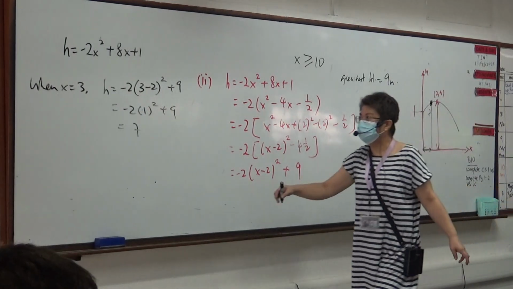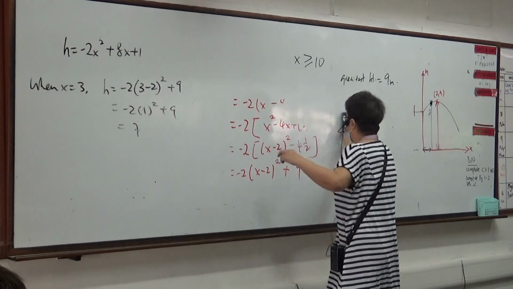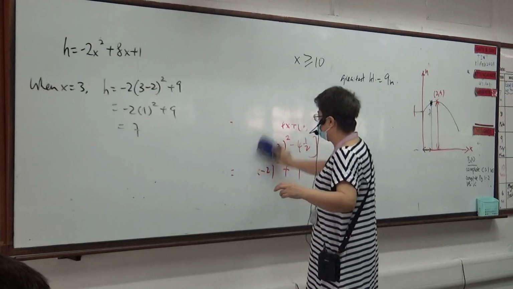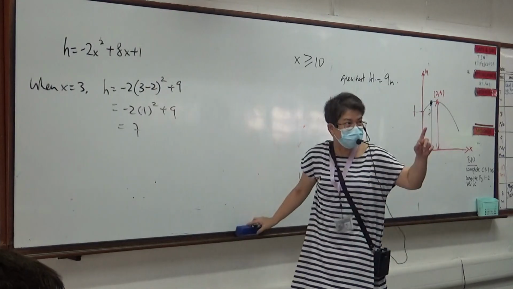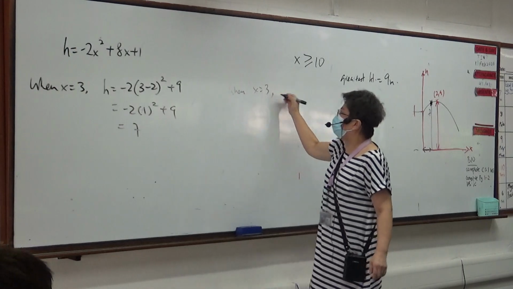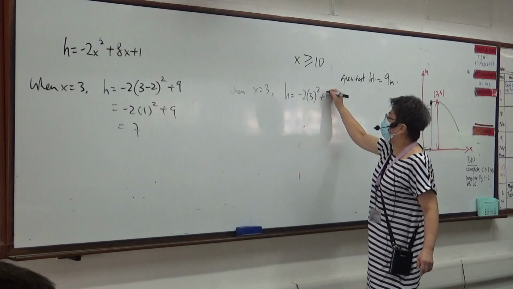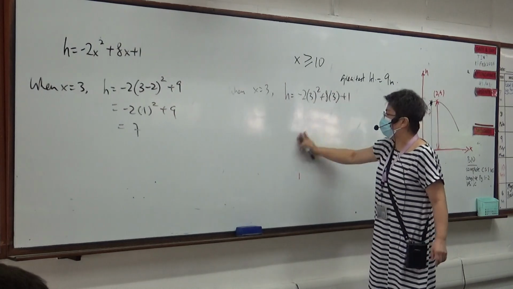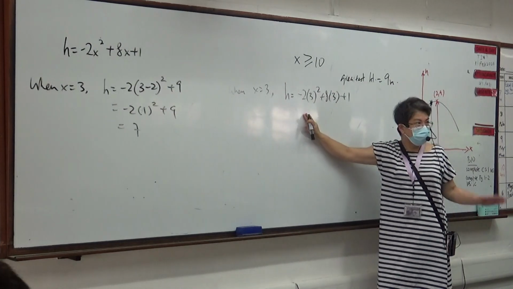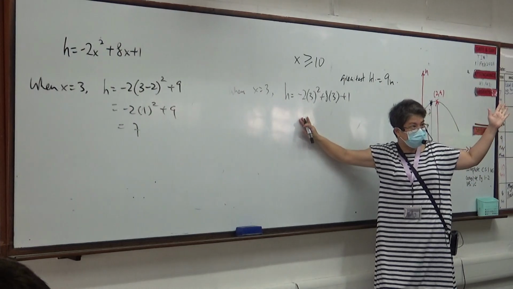Now you will say, what if I don't want to do the completing of the square, because some people don't know how to complete the square and still want to go to the next part. Can you see that when x is 3, h will be negative 2 times 3 squared plus 8 times 3 plus 1? I can stop here, right? It's the same though. This is just the general form, and just now that one is the completed square form.